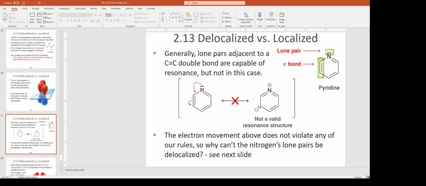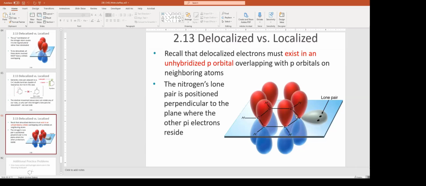Okay. If we look at delocalizing the electrons here, in theory, we can push these electrons, but you can't do this. You can't do it on this molecule. Why? Well, it turns out that if we think of this nitrogen, its lone pairs are outside the molecule.